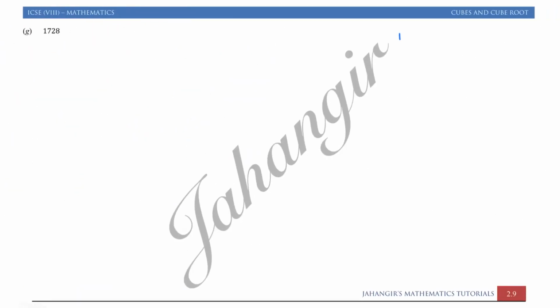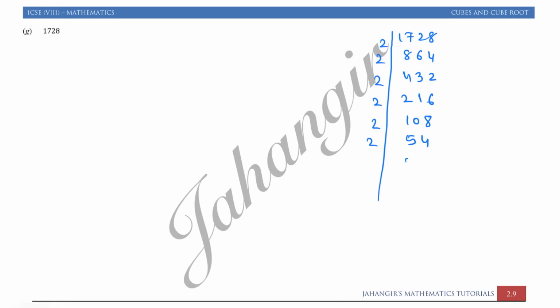One seven two eight. 2864 432 2216 108 254 227. Sorry, it's 393331. So we have pairs of 3. So that is 2 cube into 2 cube into 3 cube.